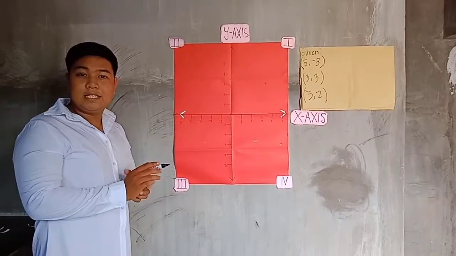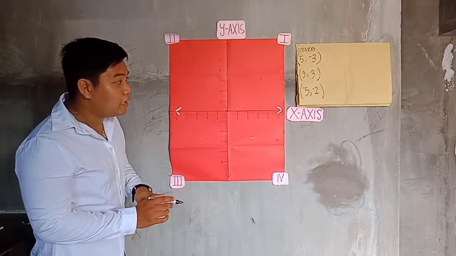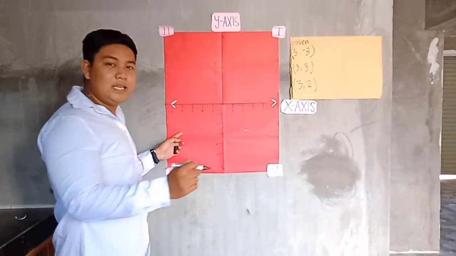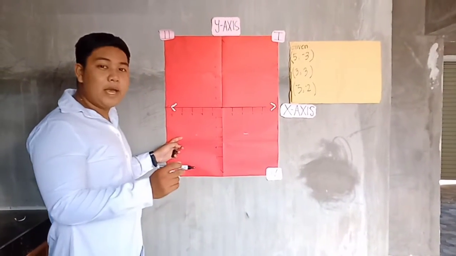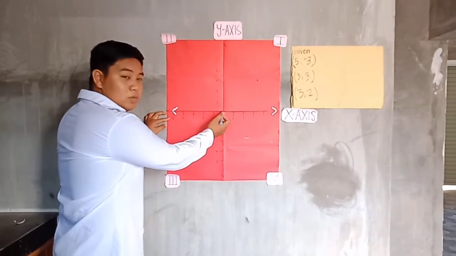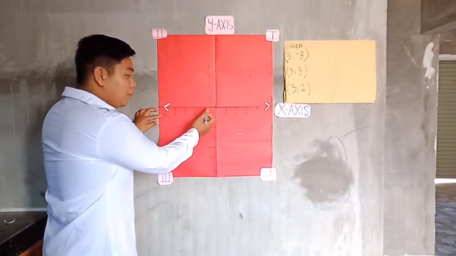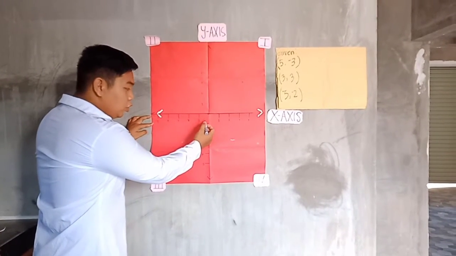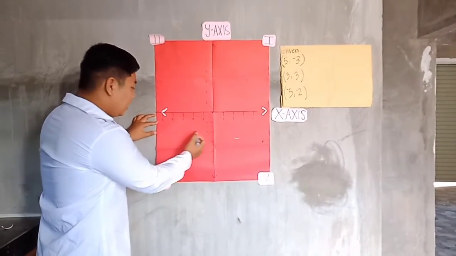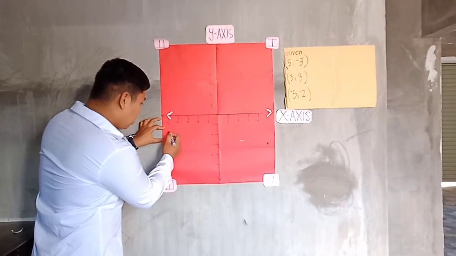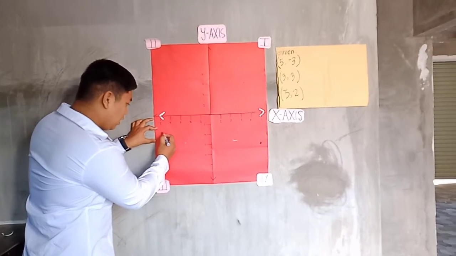Okay, class, the last given ordered pair is negative 5 and negative 2. From the origin, we'll move 5 units to the left and 2 units downward, and it is located in quadrant 3.